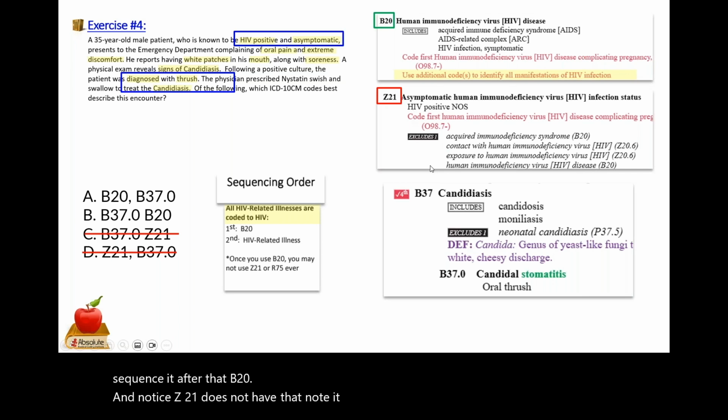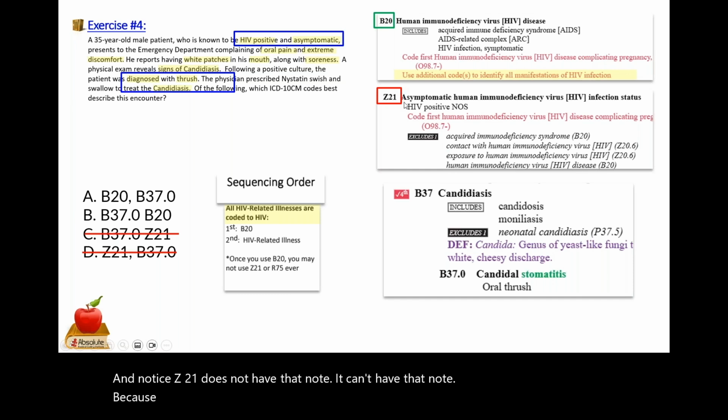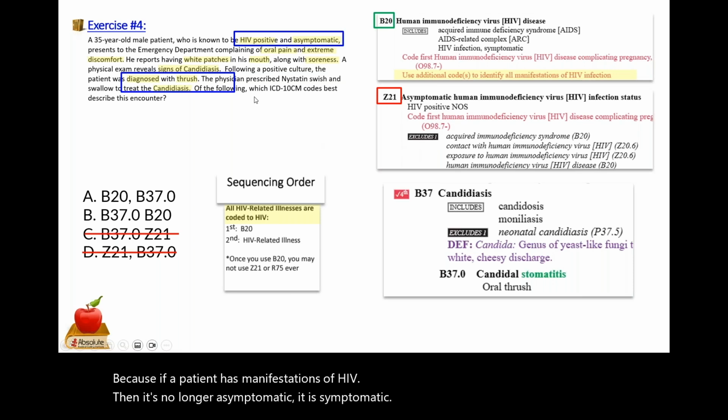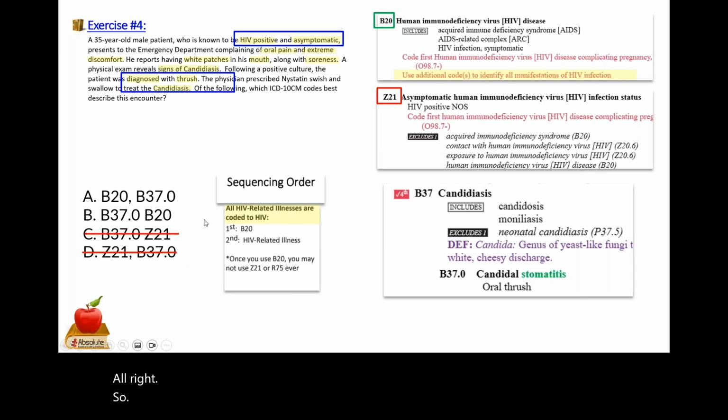It can't have that note because if a patient has manifestations of HIV, then it's no longer asymptomatic. It is symptomatic. All right. So our guidance tells us to sequence first B20 followed by the HIV related condition.